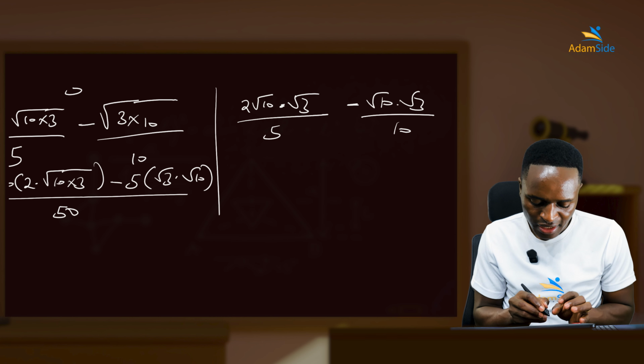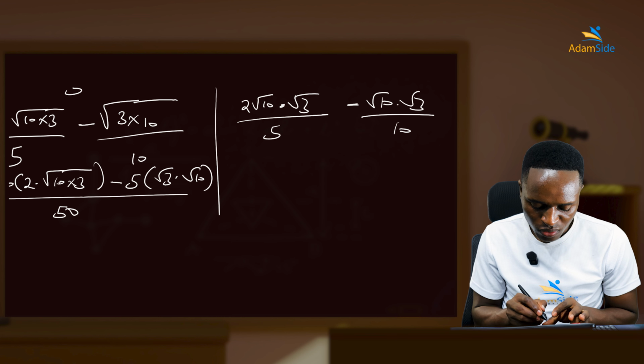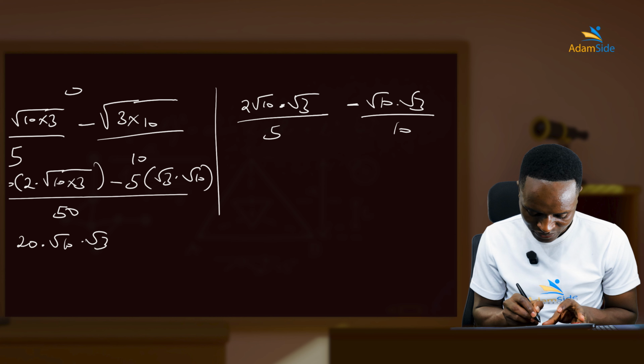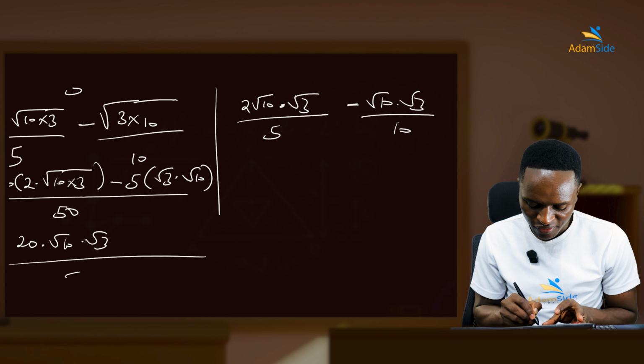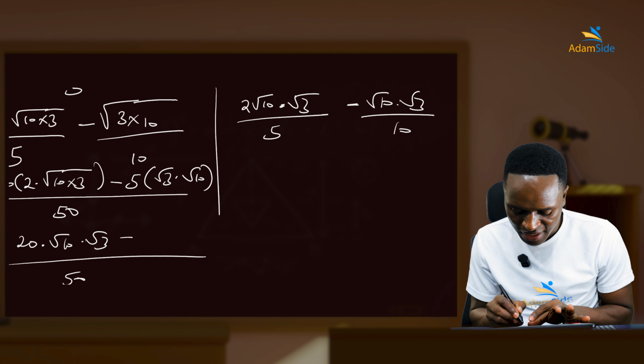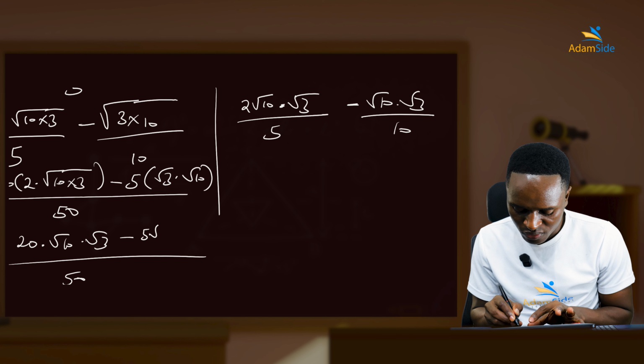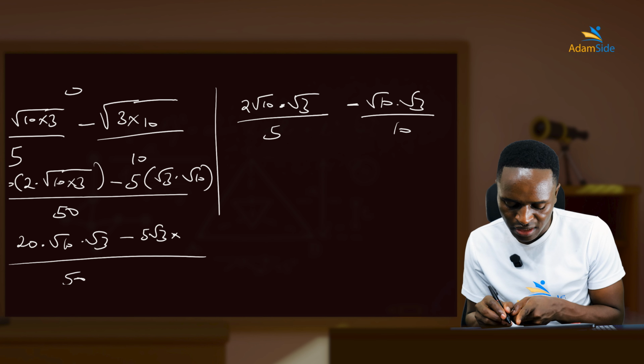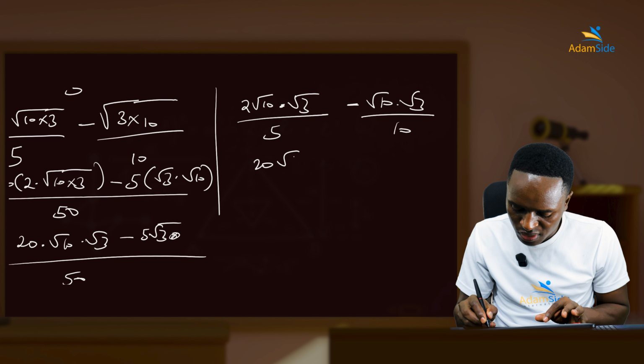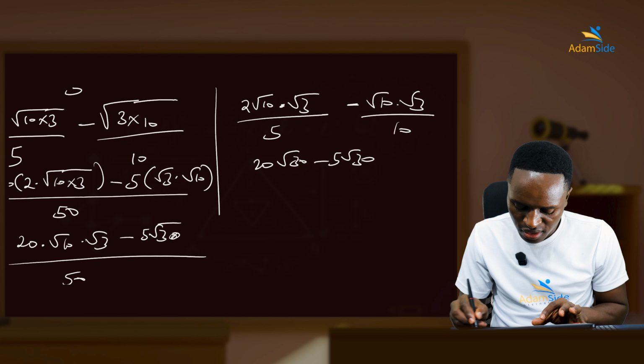That's it. If you do that, it will be 20 root 10 times root 3, everything over 50. Now they are the same. Minus 5 root 3 times root 10, and 20 root 30 is the same, minus 5 root 30 over 50.